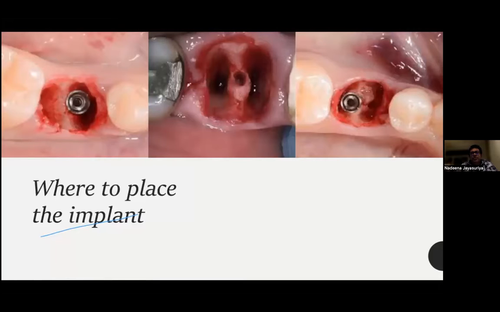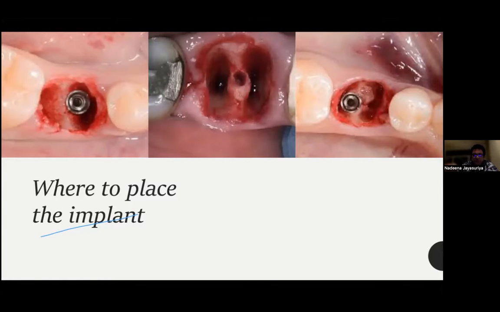You can see that when you have a molar tooth removed, where do you put the implant? Are you going to put it in the mesial root or the distal root or in the middle? So one thing is, this is prosthetically driven. If you put an implant far away from another tooth, then how is the crown going to form?